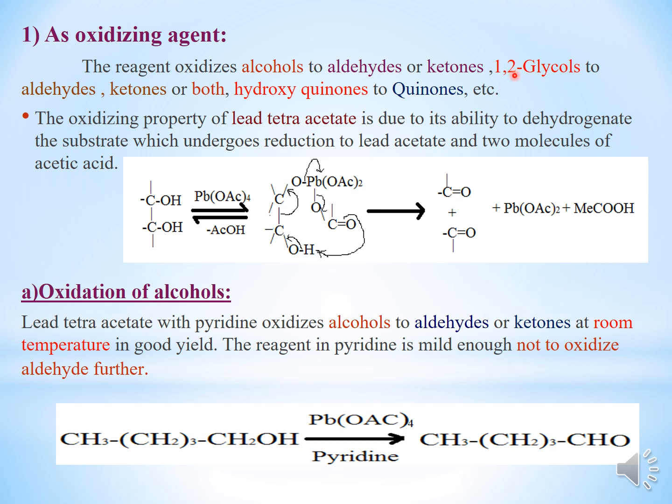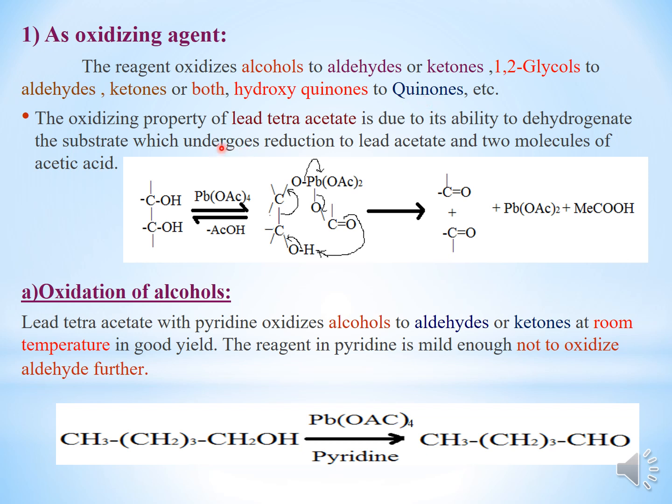If we are taking 1,2 glycols, that will give aldehydes, ketones, or both. It can either be an aldehyde or a ketone, or it can result in a mixture of both aldehydes and ketones. Okay, and if we are taking hydroxyquinones, it will give you only quinones as your product.